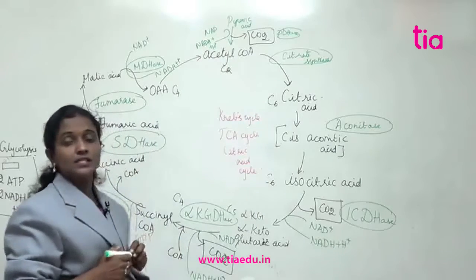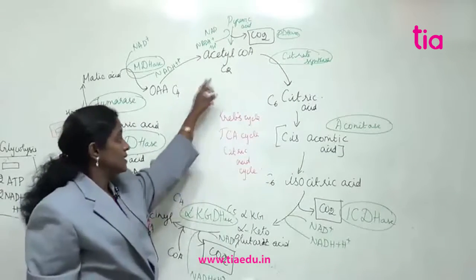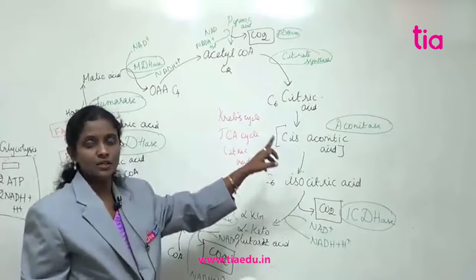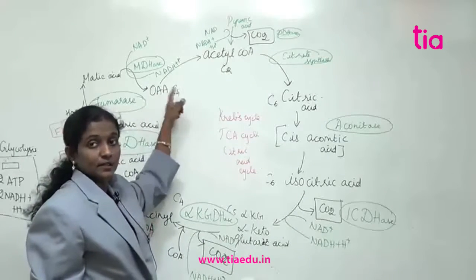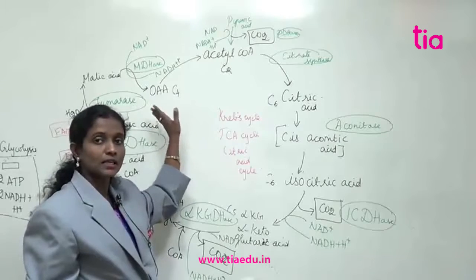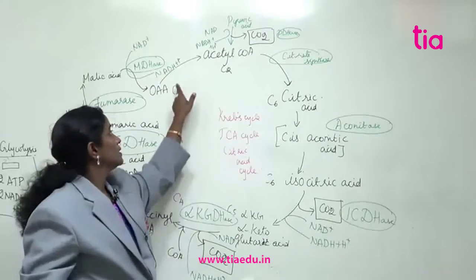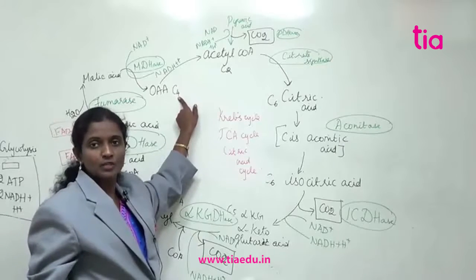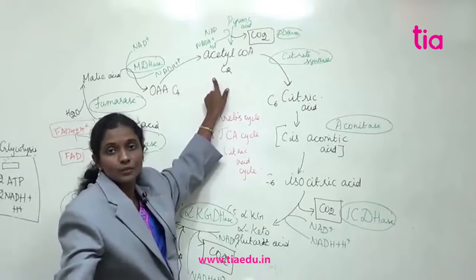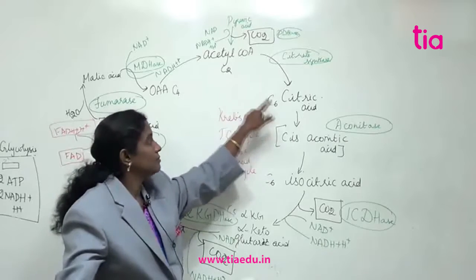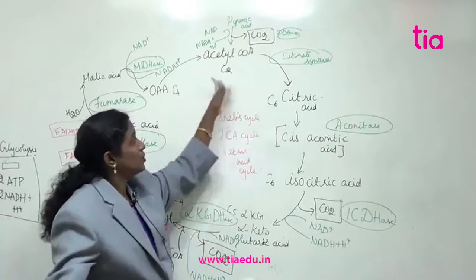Then afterwards this 2-carbon unit went for a cyclic reaction wherein it combined with oxaloacetate, and the oxaloacetate has to be recycled back at the end of the steps. Oxaloacetic acid is a 4-carbon sugar. It combined with the C2 acetyl-CoA, and it becomes citric acid. So CoA came in, CoA got out.